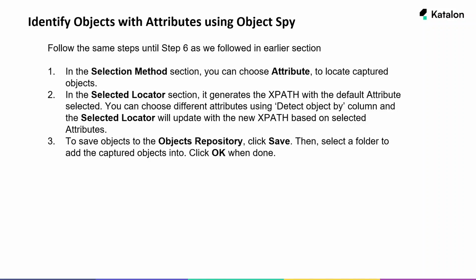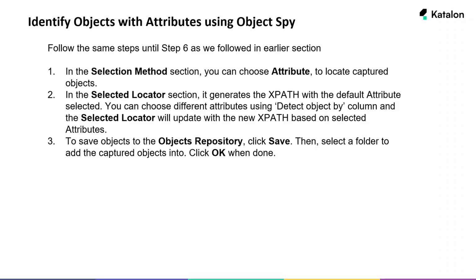Then in the selection method section, you can choose attribute to locate captured objects. In the selector locator section, it generates the XPath with the default attribute selected. However, you can choose different attributes using detect object by column, and the selector locator will update with the new XPath based on the selected attributes.